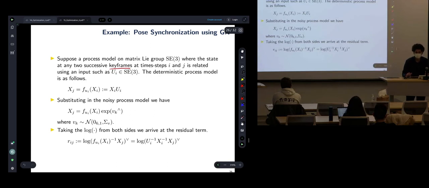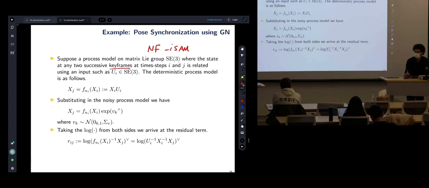That will make a good combination with this backend. And how to bring the learning side to the backend is also ongoing research. You can search for the paper NF-iSAM, that's interesting. They are using a normalizing flow, which is a modern Bayesian inference technique, and combining it with iSAM, which is a solver for SLAM. We'll talk about it in the SLAM lecture.